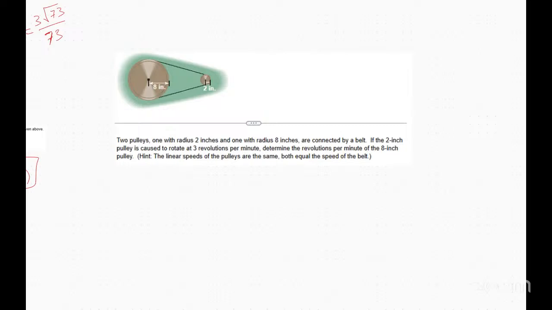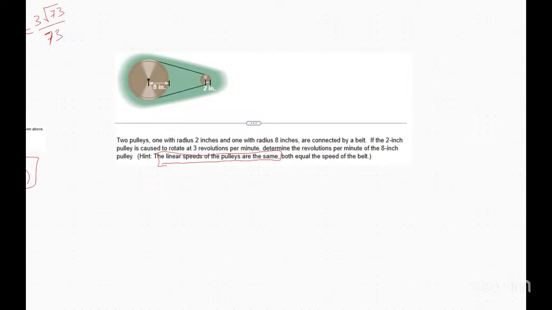If the 2 inch pulley is turned at 3 revolutions per minute, determine the revolutions per minute of the 8 inch pulley. Hint, the linear speeds of the pulleys are the same. So what I would do, that's the key right there. The linear speed is the same. So first I would do the 2 inch, oh, that's a thick line. I would do the two pulleys, one with 3 revolutions.